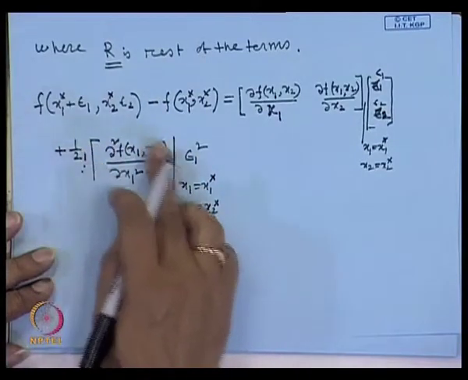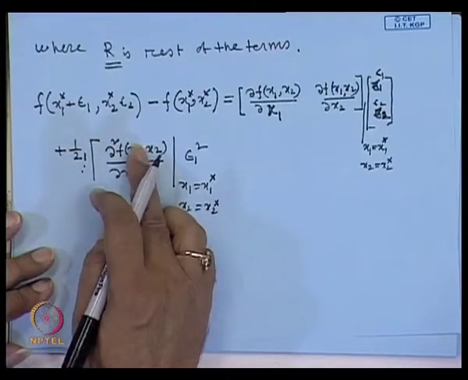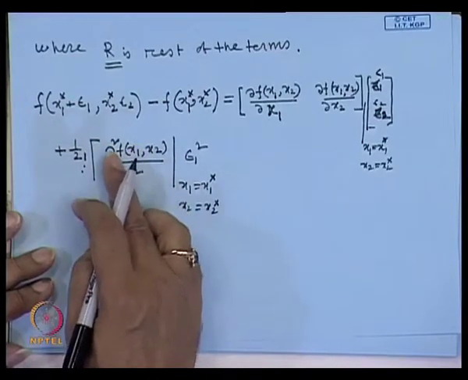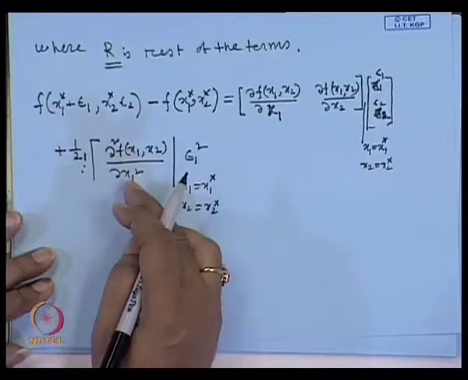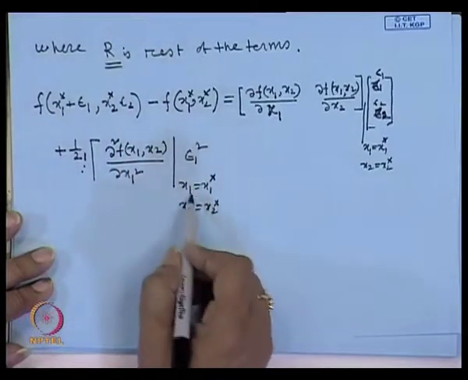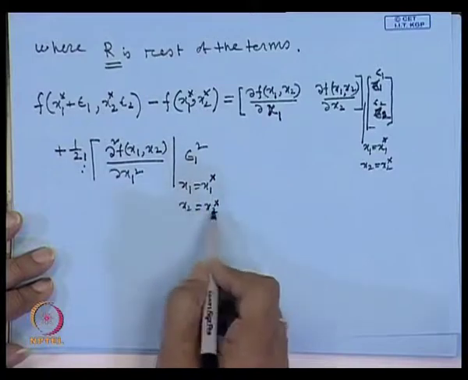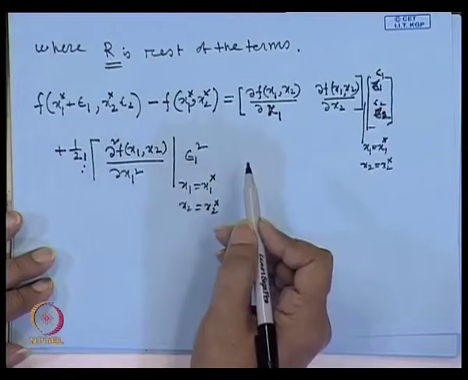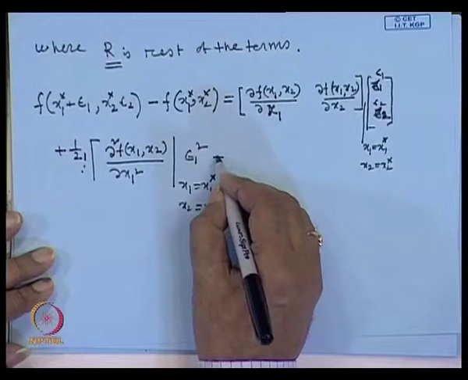You differentiate the function f with respect to x1 twice, then put the values x1 star, x2 star, multiplied by epsilon 1 square, agree.